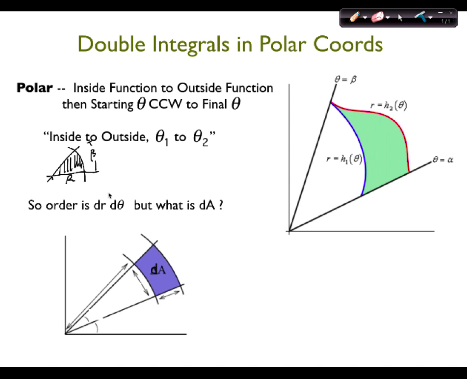What is the area of that? Sorry, what I mean to say is, what is this arc length? Not area. What we need is this arc length right here, this circular arc length. Anybody remember?